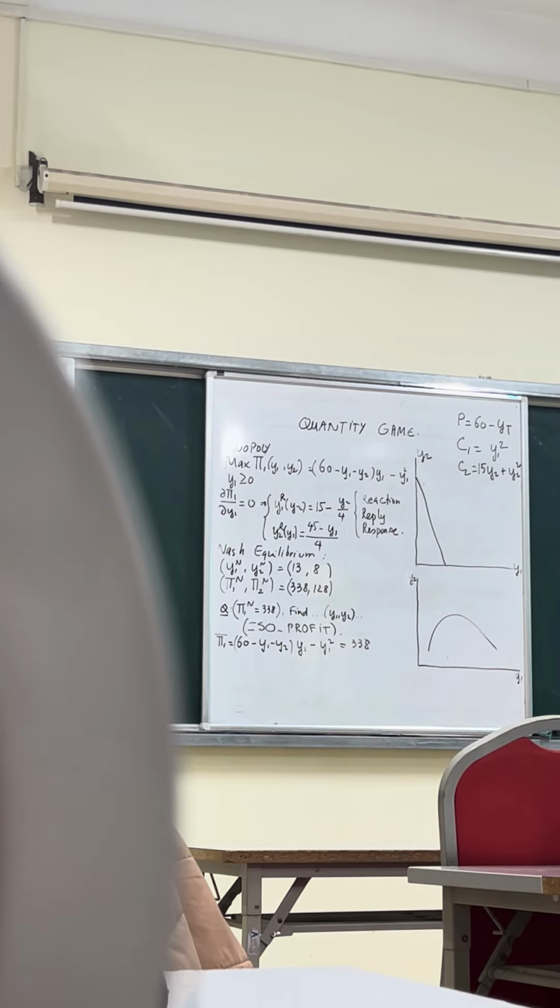And this is how the isoprofit looks. Isoprofit for firm 1. That means at any point here, the profit of firm 1 is 338.